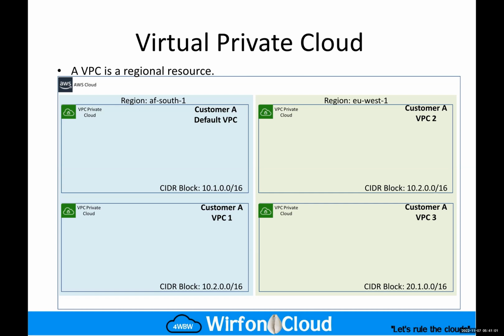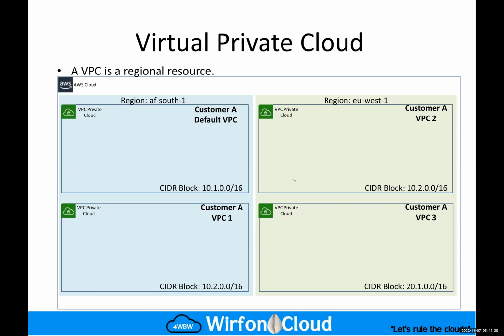And I've shown, for example, a customer A has his default VPC in this region. He would have a default VPC in every region, but he has created VPC1 in this same region, Africa South, and he has created two VPCs in another region called EU West 1.